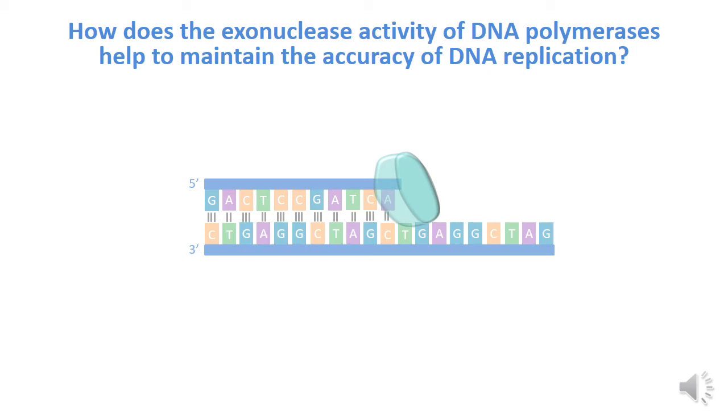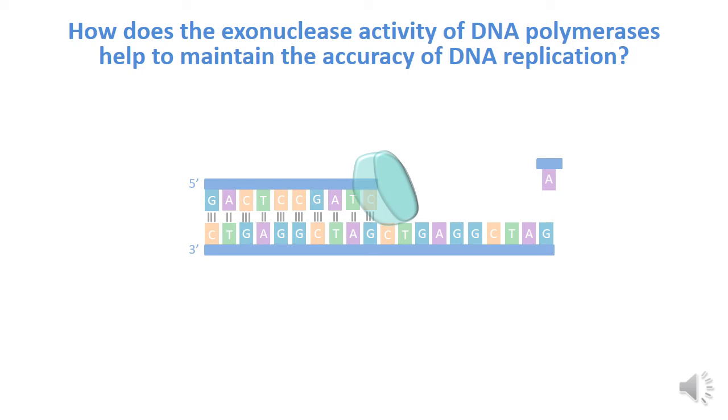Now what should happen? The enzyme should move backwards and allow the exonuclease site to check for the accuracy of the most recently added nucleotide. So is it accurate? No. Adenine is not complementary to cytosine. So what should happen now? The exonuclease site should use its exonuclease activity, hydrolyze the phosphodiester bonds and remove this mismatching nucleotide.